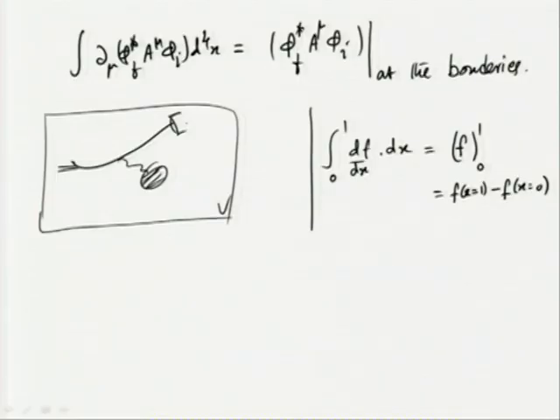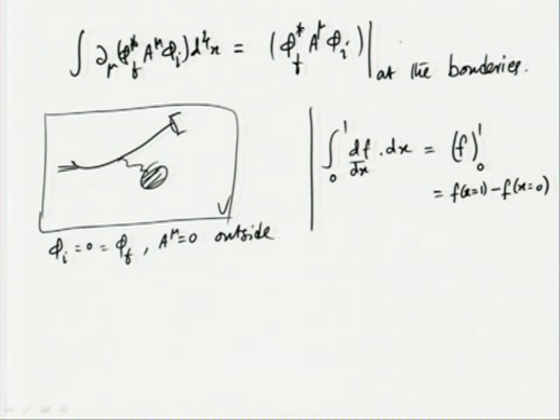In that picture, the values of φ_f, φ_i, A^μ will all vanish at the boundaries. φ_i* equal to φ_i is equal to 0 at the boundaries, so are φ_f and A^μ; all are equal to 0 outside, so on the boundary also.